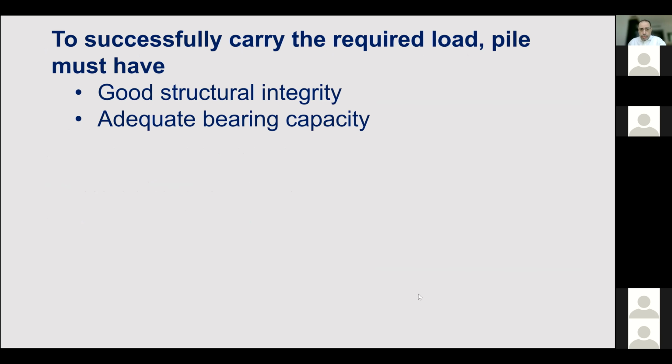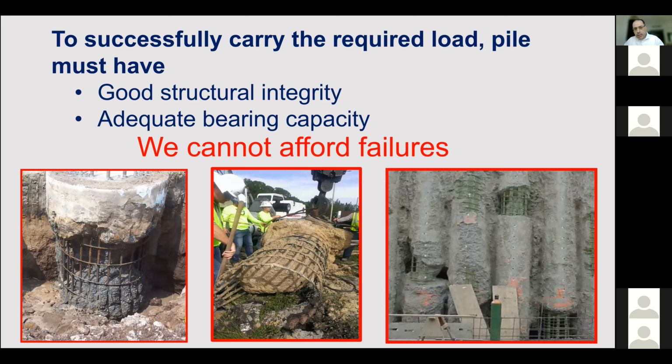In order to have the required carrying capacity of the pile, you need to have good structural integrity, and you also need adequate bearing capacity. Since drill shafts are sometimes non-redundant and sometimes critical in the load carrying, we cannot really afford failures.